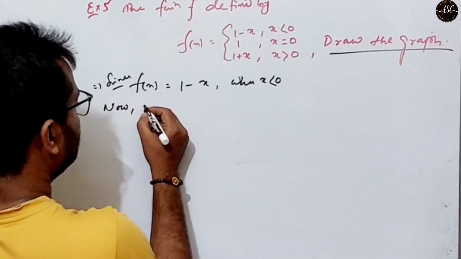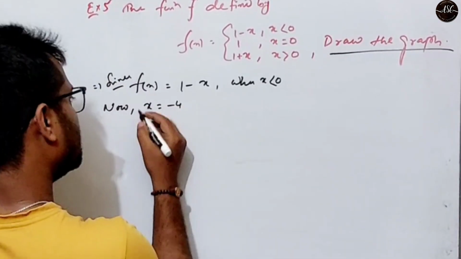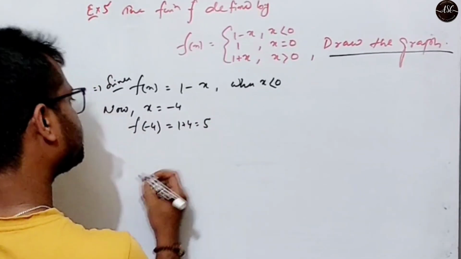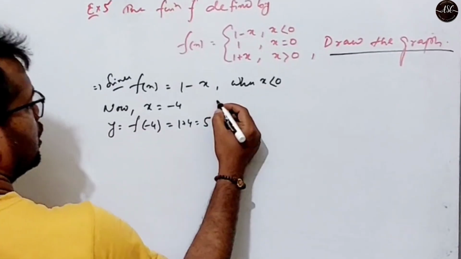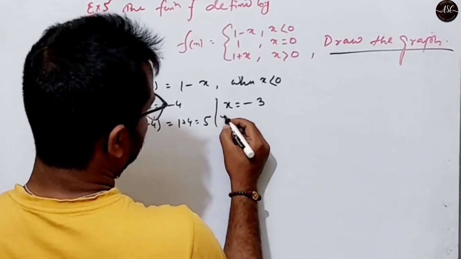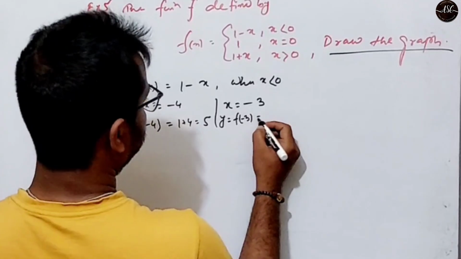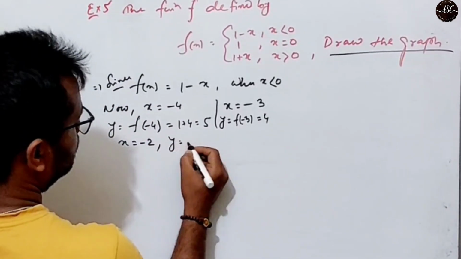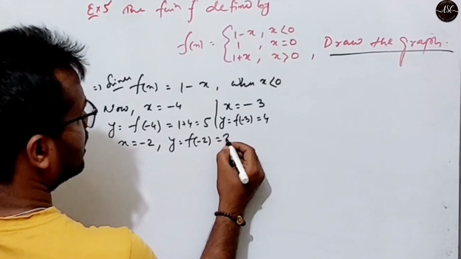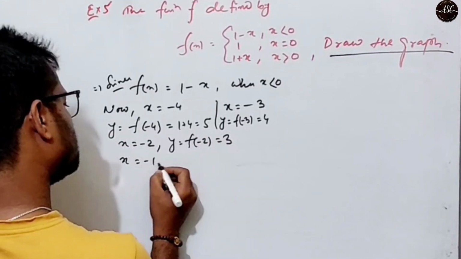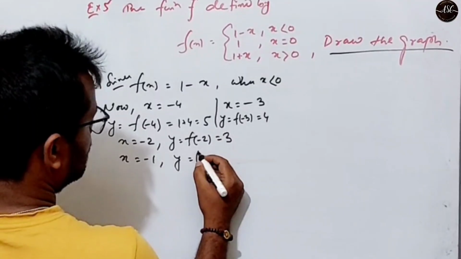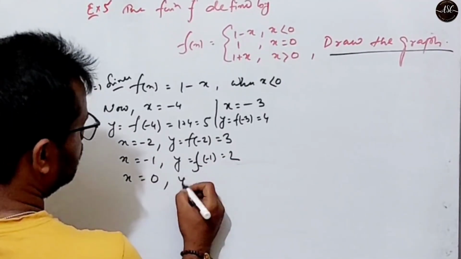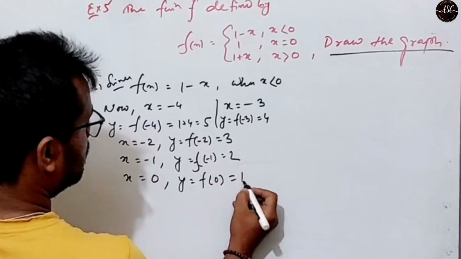Now x equal to -4, then f(-4) equal to 1 plus 4 equal to 5, that means y equal to 5. x equal to -3, y equal to f(-3) equal to 4. x equal to -2, y equal to f(-2), that means 3. x equal to -1, that means y equal to f(-1), that means 2. x equal to 0, we get y is equal to f(0) equal to 1.